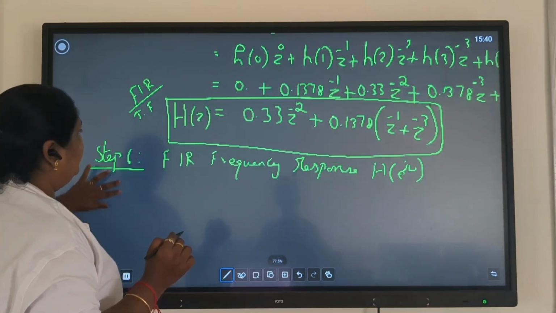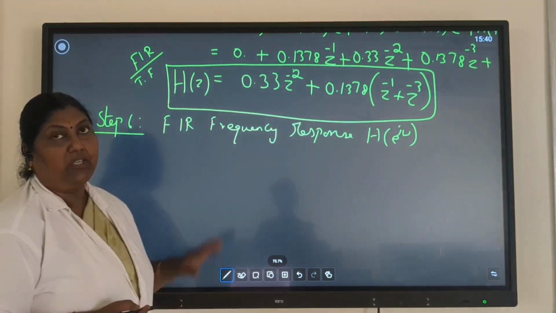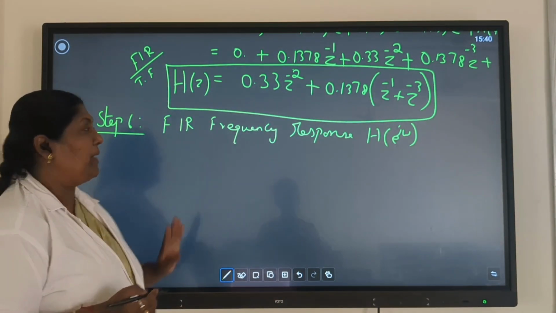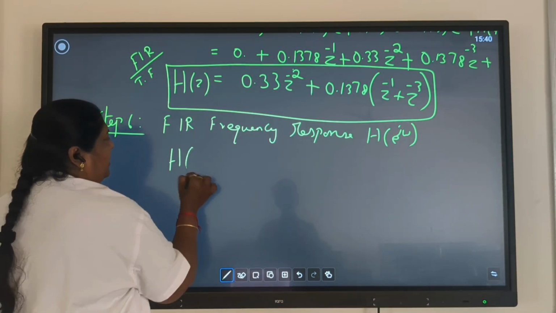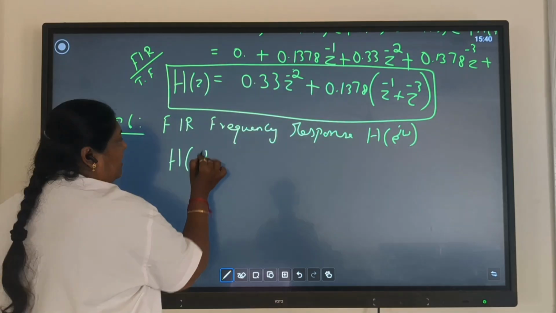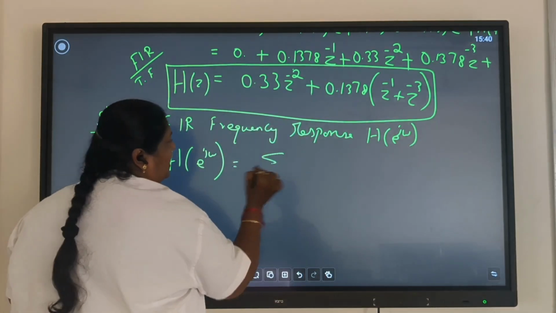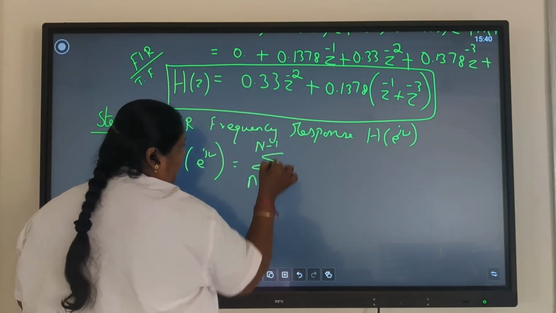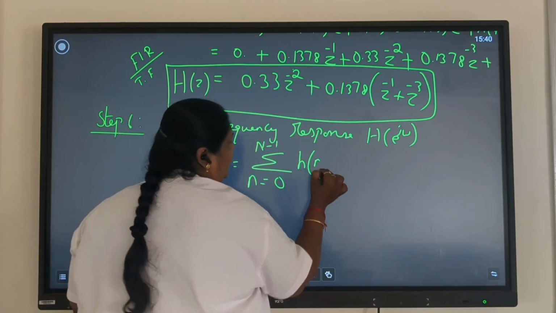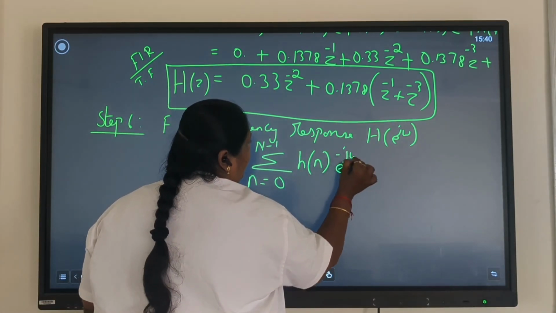Okay, next I want to find H of e power j omega. There are two ways by which you can find it. You can use the Fourier transformation formula. What is the Fourier transformation? H of e power j omega will be equal to summation, small n varying from 0 to capital N minus 1, h of n e power minus j omega n.